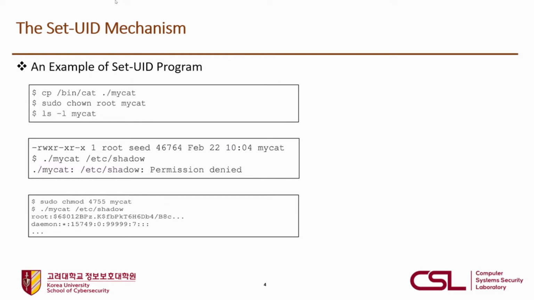Even if the owner of the file is root, if you don't set SetUID, you can't get the real root authority, so you can't open the shadow file that only root can open. After setting SetUID through chmod 4755, you get root privileges normally. You can check that you can open the shadow file in which the password is written as a hash value.